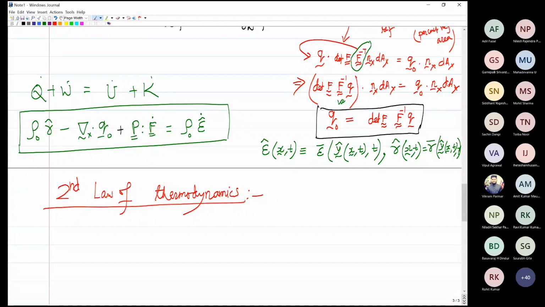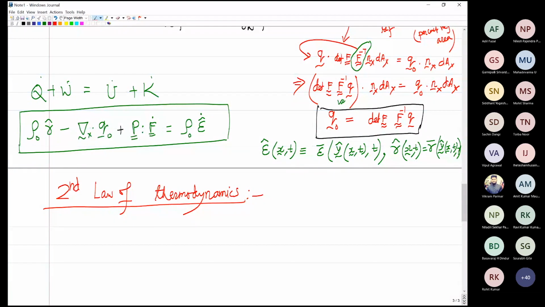Of course, one is that the total entropy of the universe always increases. The change in entropy of the universe is always greater than or equal to 0. So that also gives us a direction for the path that any thermodynamic process will take.